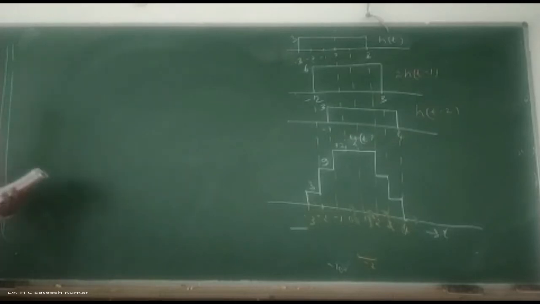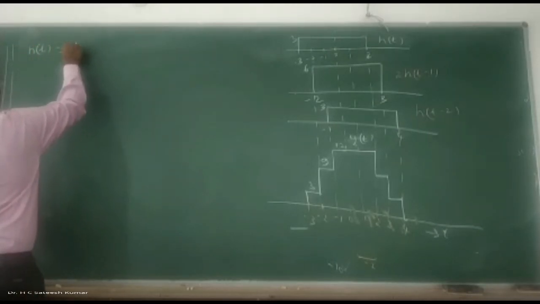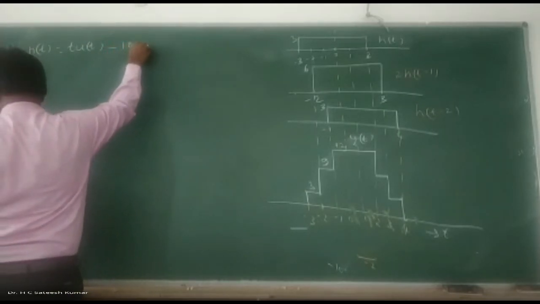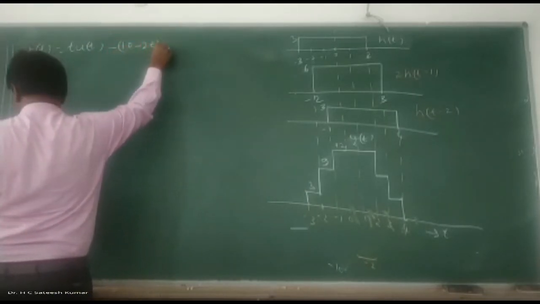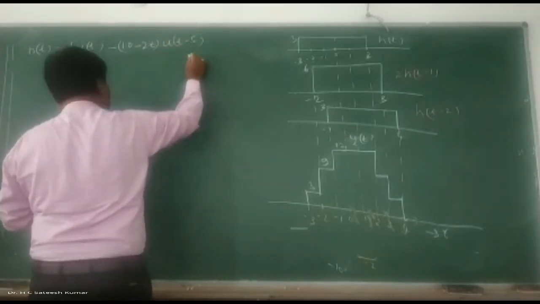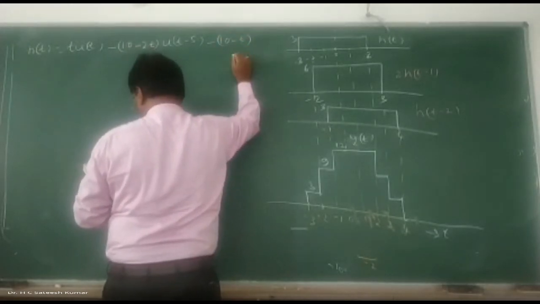An LTI system has an impulse response h of t equal to t into u of t minus 10 minus 2t into u of t minus 5 minus 10 minus t into 10.